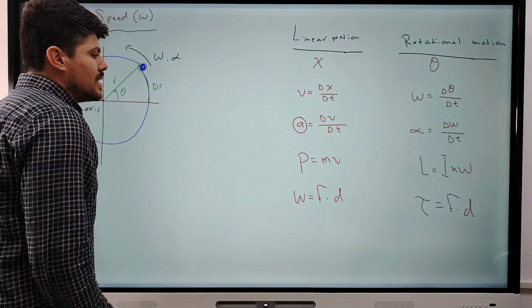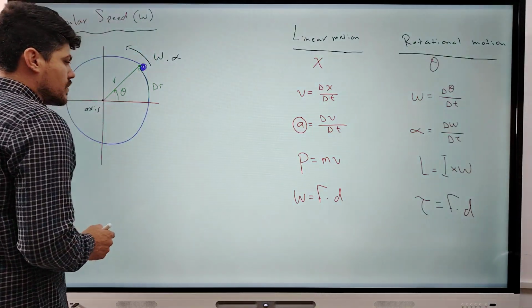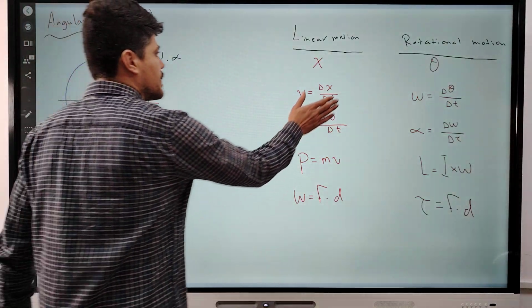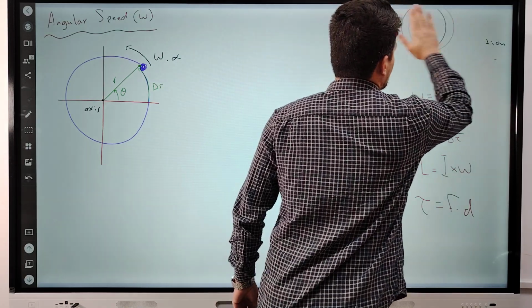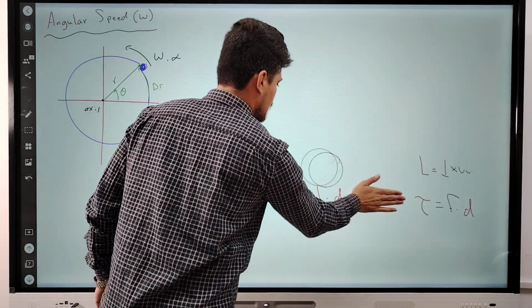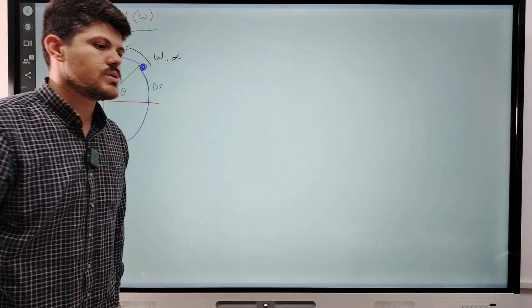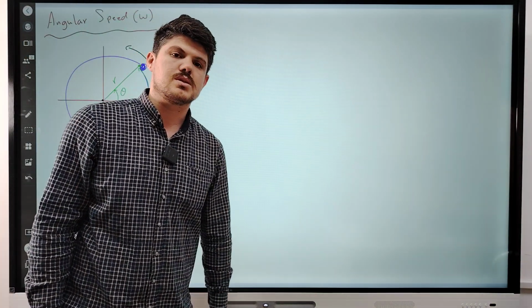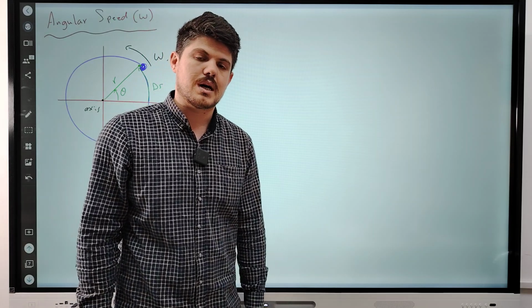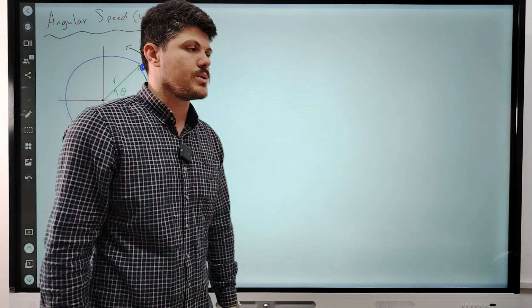So for the kinematic equations, the four kinematic equations in linear motion can be used exactly for rotational motion, but with different variables.